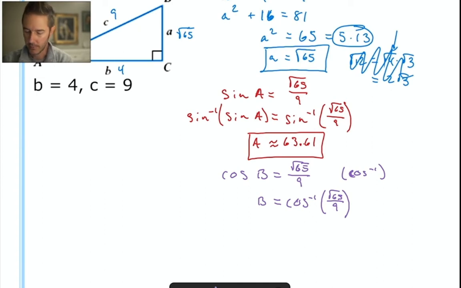I'm using a calculator, I guess that's okay. So I've got 0.8958 on my screen. I'm going to hit second and the cosine button this time in order to take the inverse cosine. And in degrees, I've got 26.39. Approximately equals 26.39.